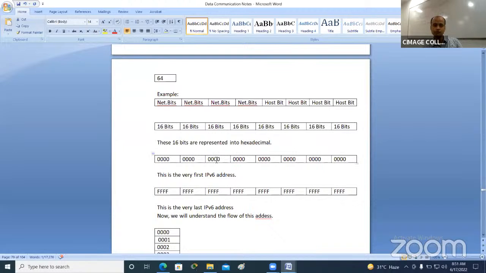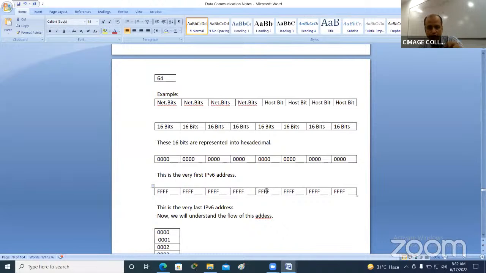If you would like to know about the flow of an IPv6 address, the flow will start from all 0 values and end with all F values, because IPv6 is represented in hexadecimal numbers.